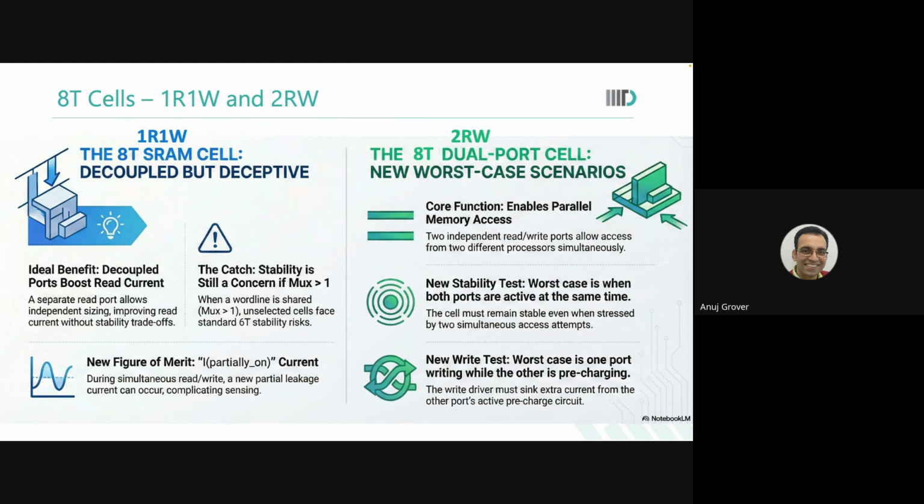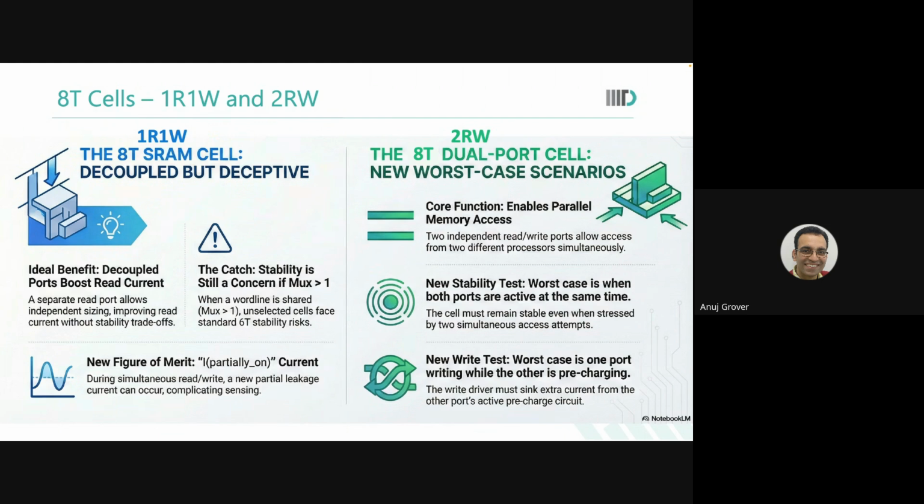Now let us say that I want to write a 0 here, and I want to write a 0 from this particular port. What will happen? The 0 will try to sink from the write driver down there. But the other port is in read mode and its pre-charge is on.